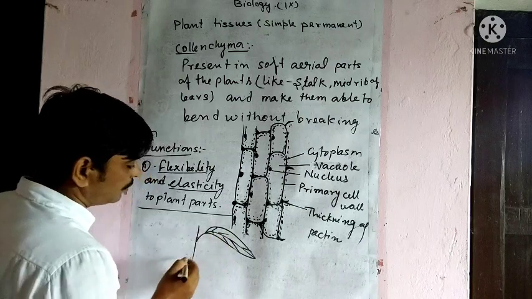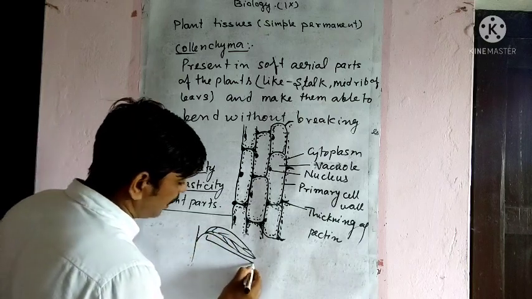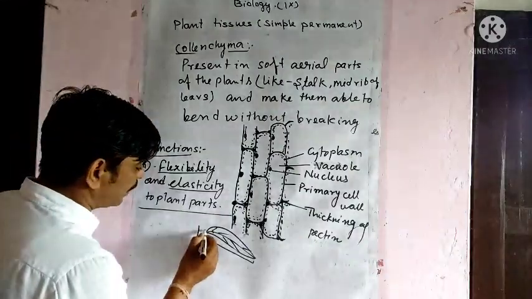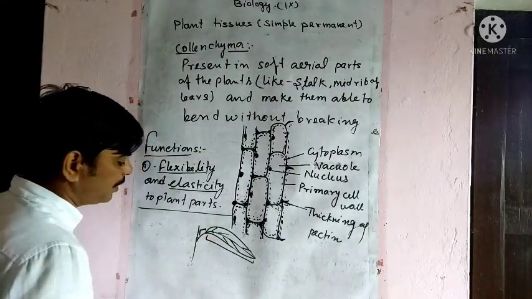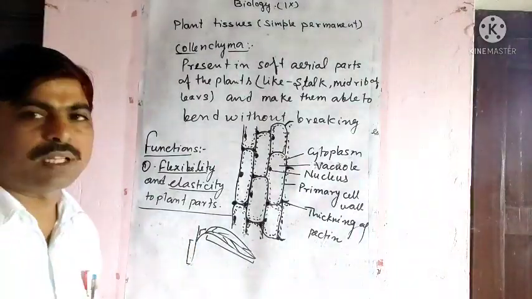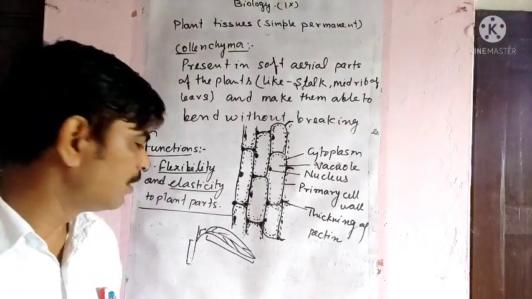They are also present at the stalk of the leaves, and in the stem of dicotyledon plants, or any stem which bends without breaking.